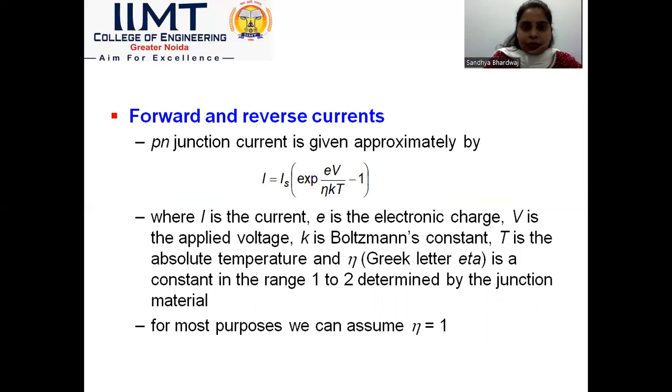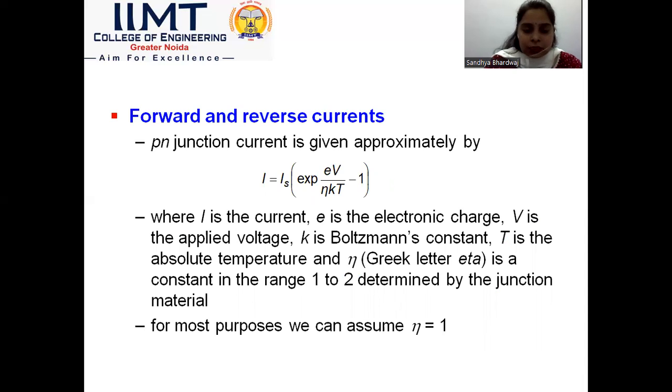Forward and reverse current. PN junction current is given approximately by I = Is (exp(eV/ηkT) - 1), where e is the electronic charge, V is the applied voltage, k is the Boltzmann constant, T is absolute temperature, and eta is a constant in the range 1 to 2 determined by the junction material. So eta can vary from 1 to 2 only.